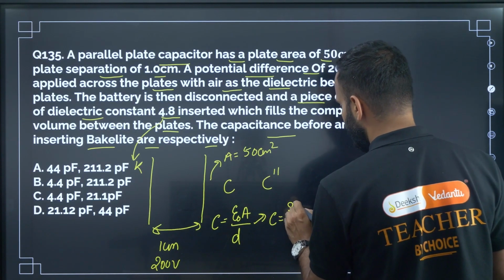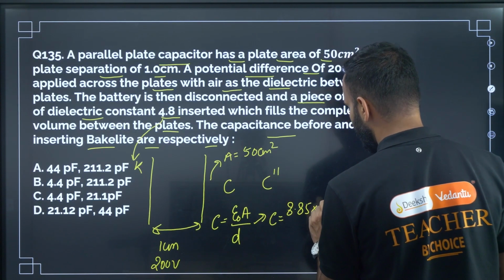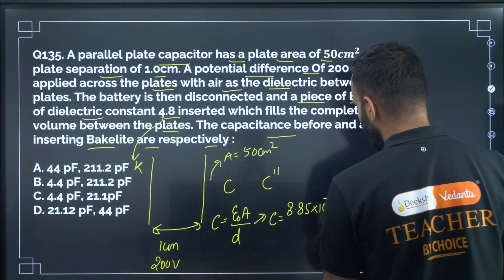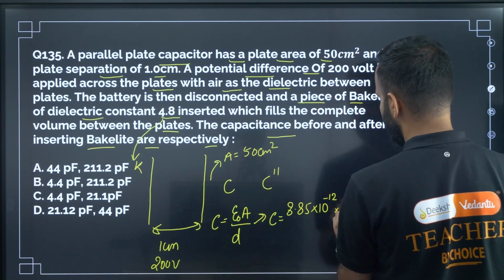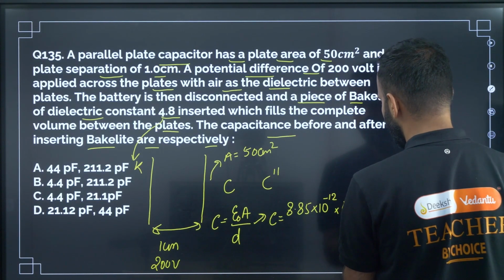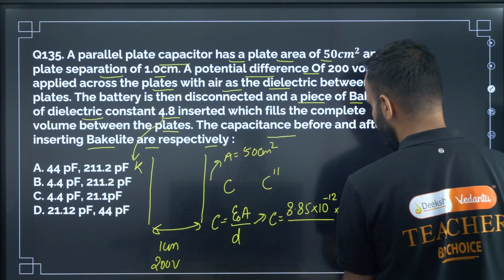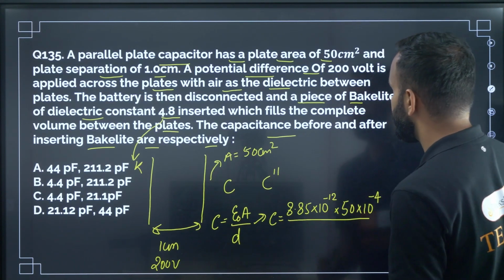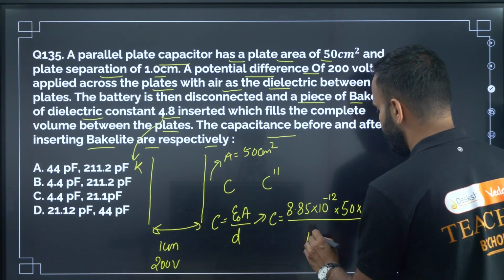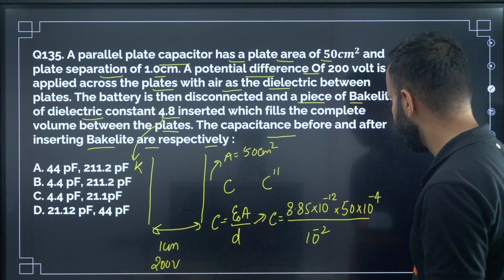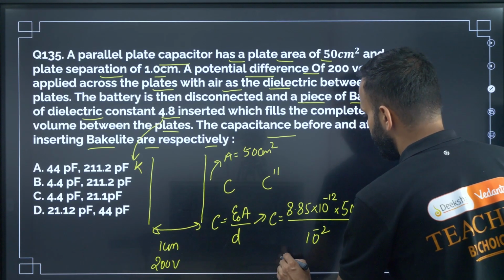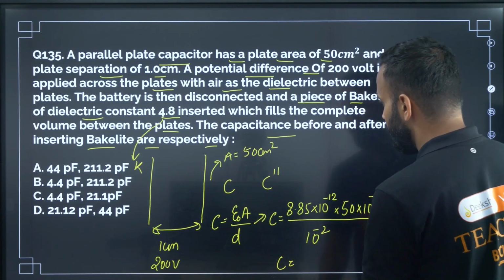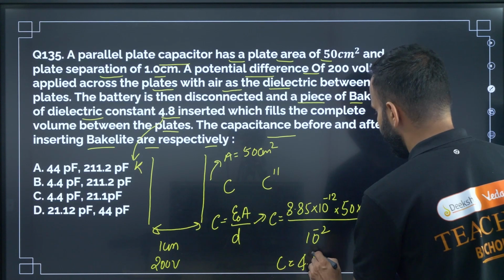The value of epsilon naught is 8.85 into 10 to the power minus 12 into A. A is 50 centimeter square, that is 50 into 10 to the power minus 4, divided by the separation between the plates, 1 centimeter, that is 10 to the power minus 2 meter, right? So now solve this, you will get C equal to 4.4 picofarad.